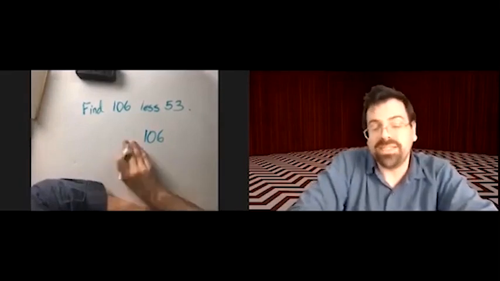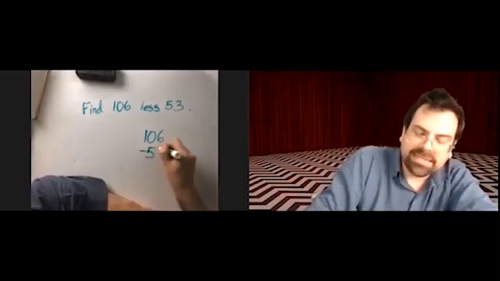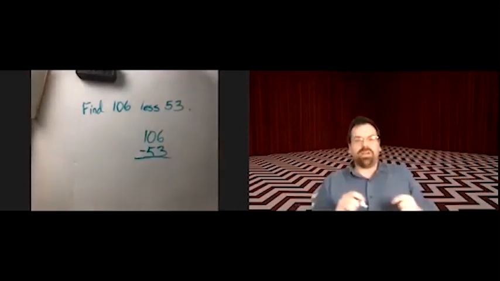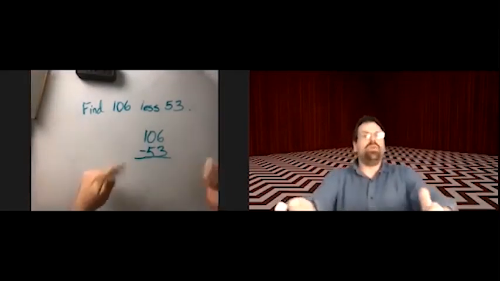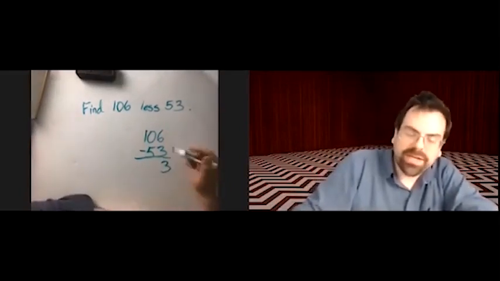In other words, what's this number if there were 53 less? If we subtracted 53. So less is another one like the difference of blank and blank, where we keep them in the order given.